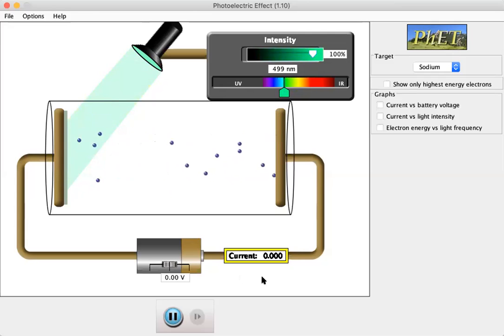The current is still too low to register here. But as we get more electrons, we start registering a current here. I will start this experiment with violet at a wavelength of 400 nanometers.